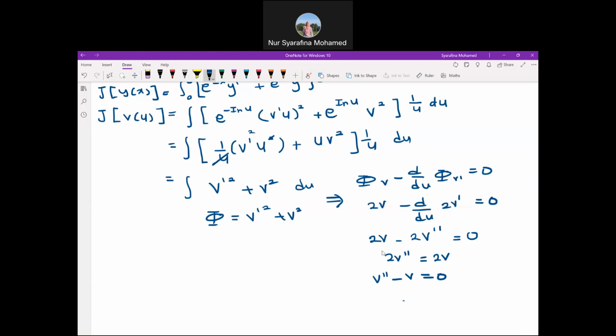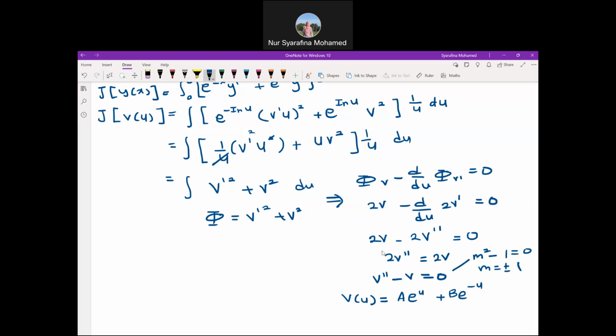So from here, solving this second order differential equation, we have the solution of v equals A e^u plus B e to the power of minus u. This one is m squared minus 1 equals 0, m equals plus minus 1.